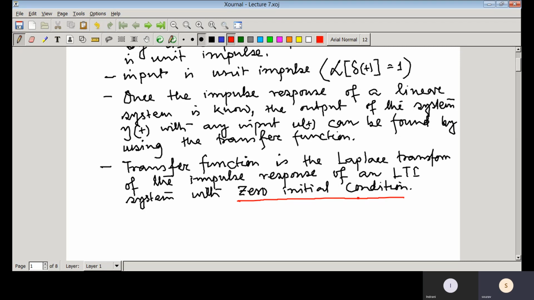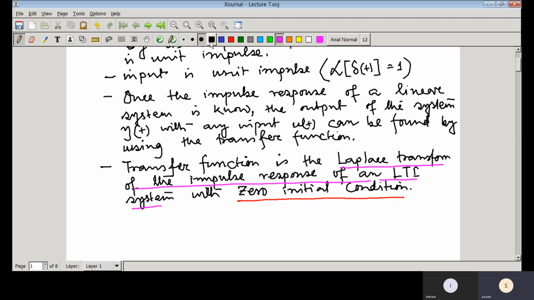And here you can see the transfer function is the Laplace transform of the impulse response of an LTI system. That means whenever you apply unit impulse to an LTI system, you will get some output. Then if you take the Laplace transform of that output, you will get the transfer function.